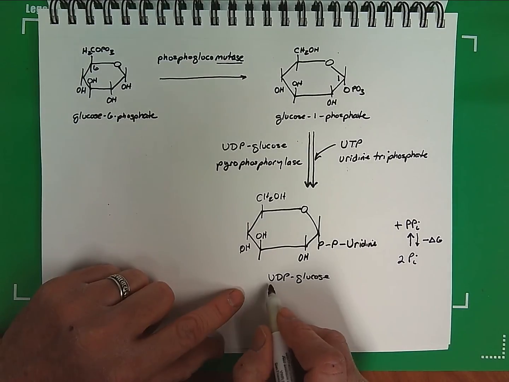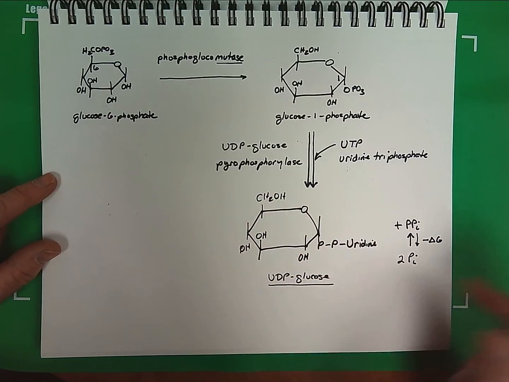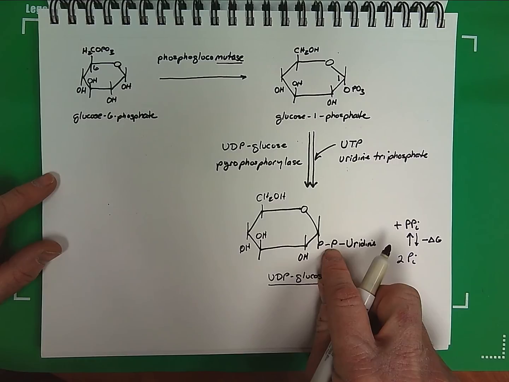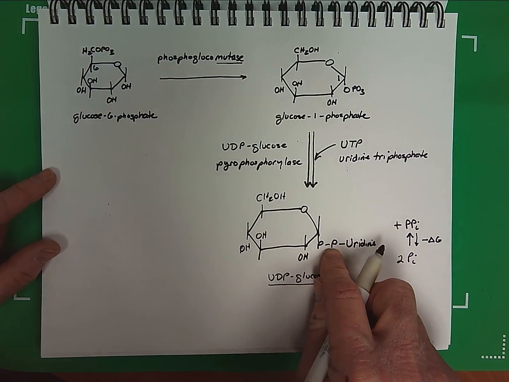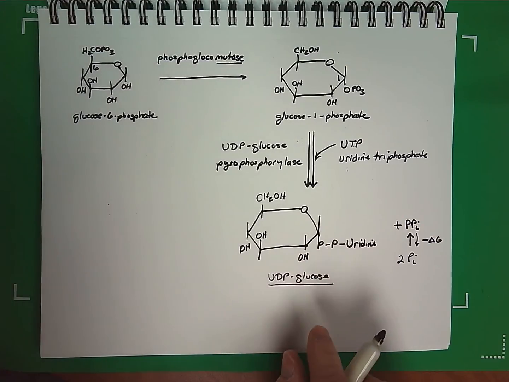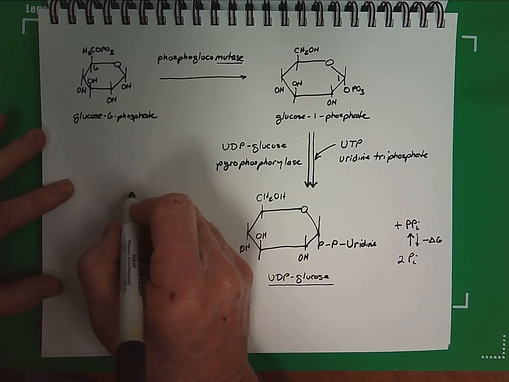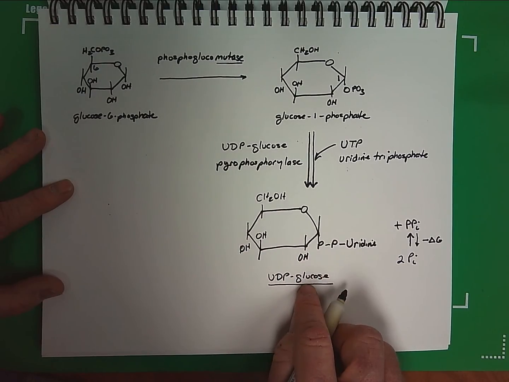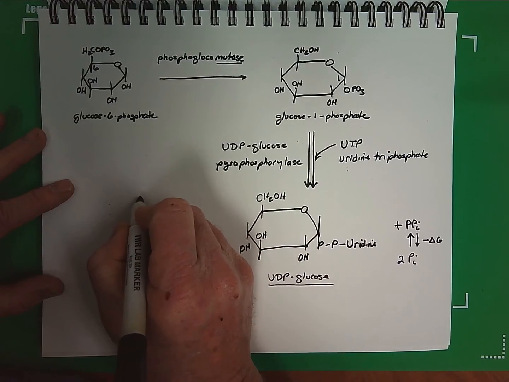So now once we have our UDP glucose, we have the monomer charged with high energy phosphate bonds that can be used for free energy to drive the next reaction, and now we can start synthesizing glycogen. So glycogen synthesis is simply the addition of UDP glucose to the growing chain of glucose polymers.